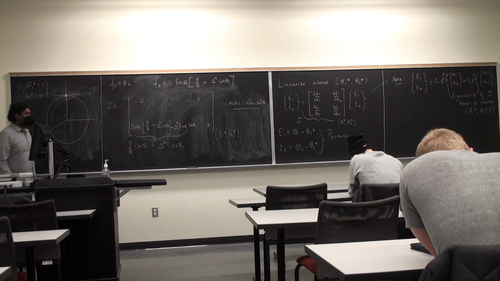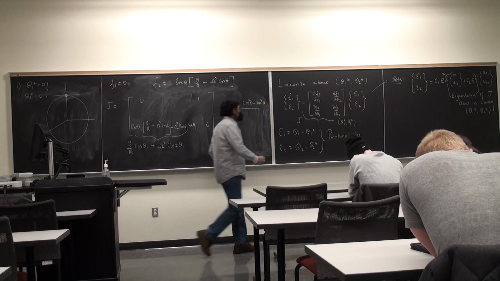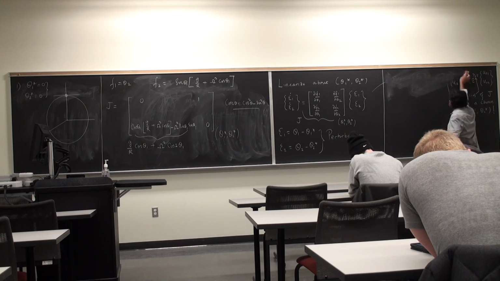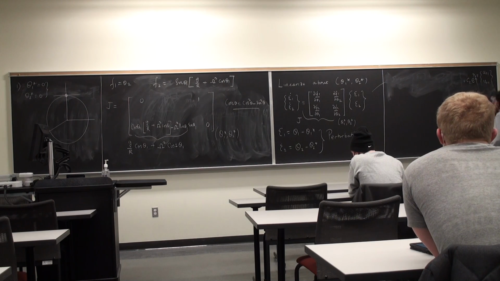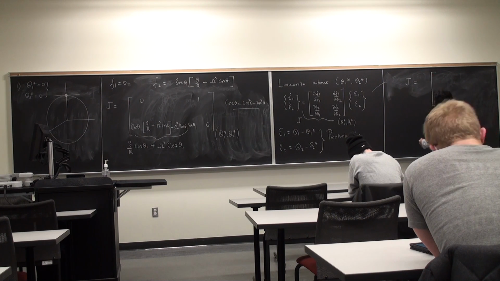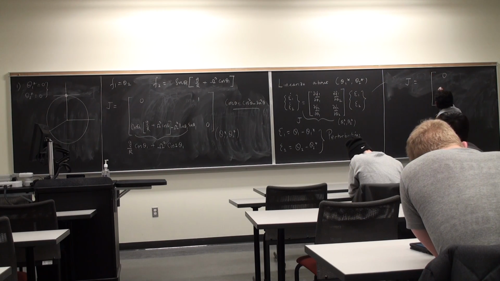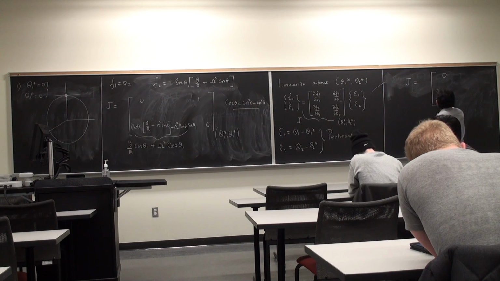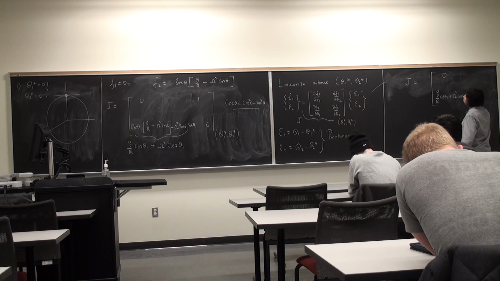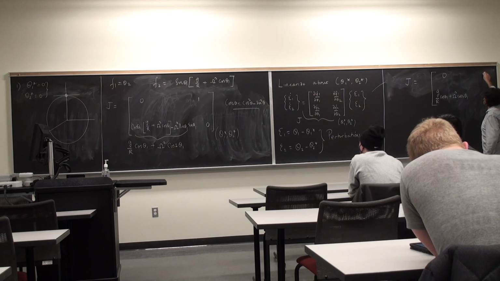This is going to be your Jacobian matrix, and I'm going to write it down here. So J is 0, 1, g by r cosine theta 1 plus omega square cosine 2 theta 1, 0.